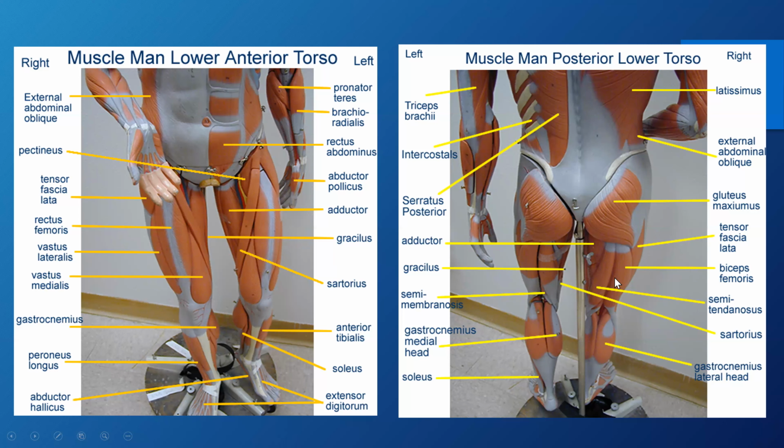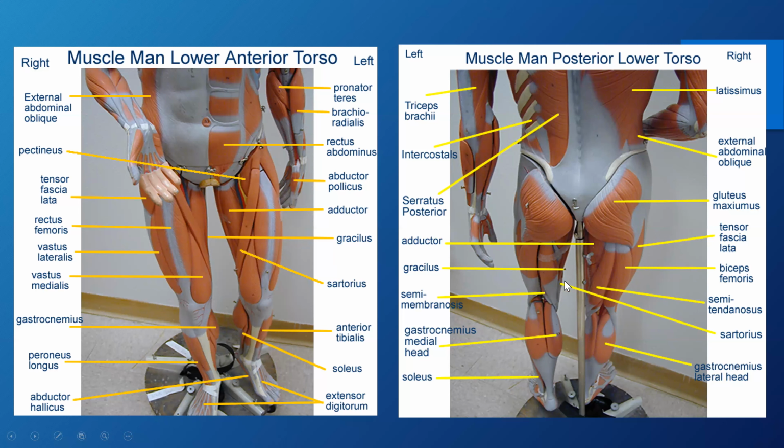We do have these muscles that we call hamstring group that is made of biceps femoris on the lateral side, semitendinosus on the medial side, and just underneath of semitendinosus, there is semimembranosus. That's the three muscles of the hamstring group.